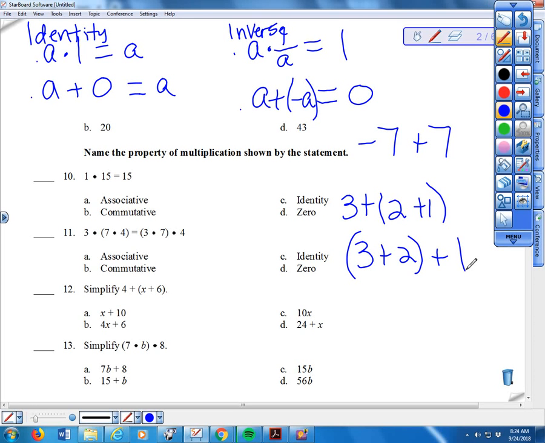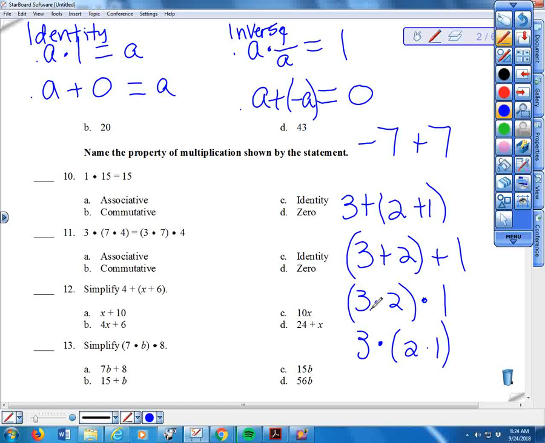Associative property of multiplication would look something like this. 3 times 2 times 1. So 3 times 2 is 6, times 1 is 6. 2 times 1 is 2, times 3 is also 6. It doesn't matter what you associate first, you'll get the same answer.